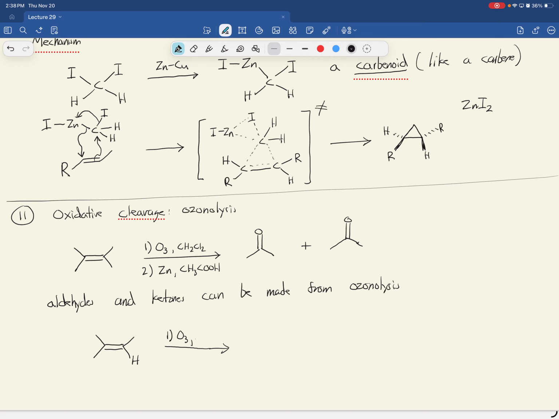All right, ozone, dichloromethane, and then step 2, we can either use zinc and acetic acid, or you can just use dimethyl sulfide. So we see dimethyl sulfide again, or a sulfide reagent. That's a good reducer. They're good reducing agents.